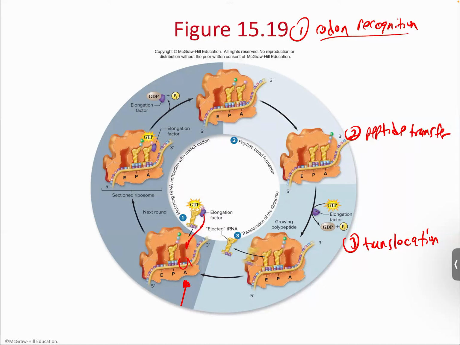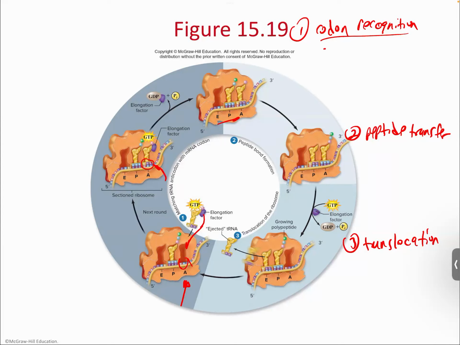Once the elongation factor has finished its delivery, it's locked into place. At that point, you now have a complete A site with your new tRNA in it. And then, of course, you lose your elongation factor. It's done its job, shuttling that tRNA to its correct site.